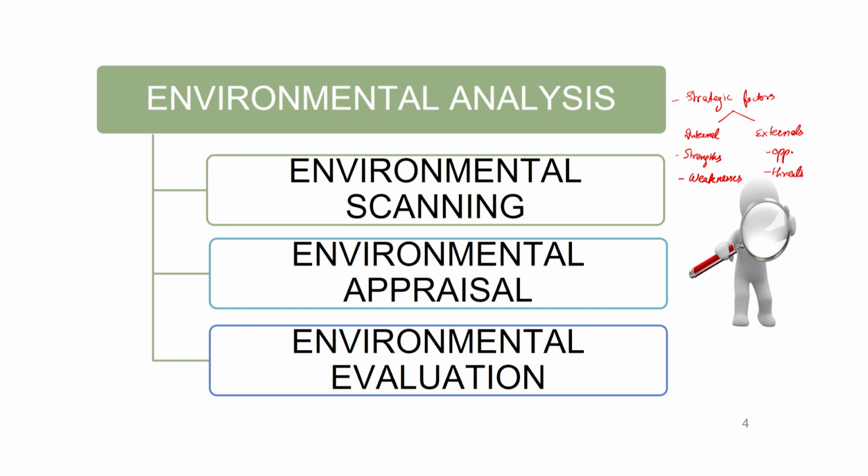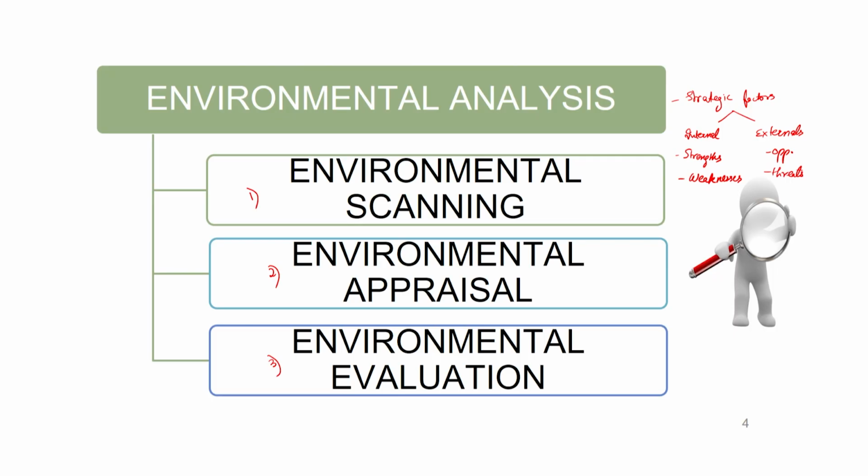As you can see here, environmental analysis is divided into three components, which includes environmental scanning, environmental appraisal, and environmental evaluation. Now, what is the difference between these three? When we say scan is to basically monitor the environment.